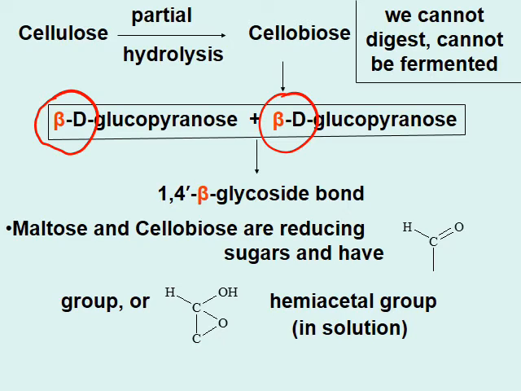On the other hand, starch, which is also a polymer of glucose, has an alpha 1,4 alpha linkage. Properties are remarkably different because our enzymes cannot break down the kind of bond that exists in cellulose. That's why cellulose acts as a fiber. On the other hand, our enzymes can break down starch into smaller sugar units.